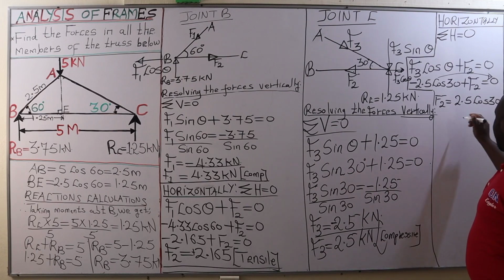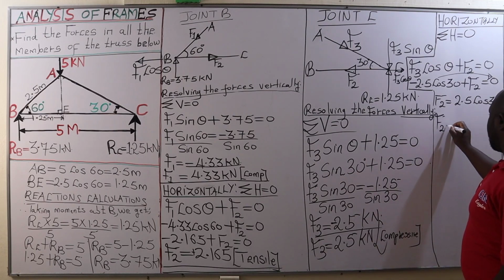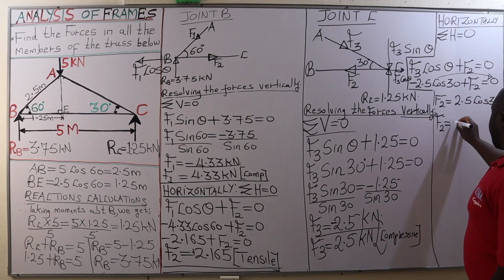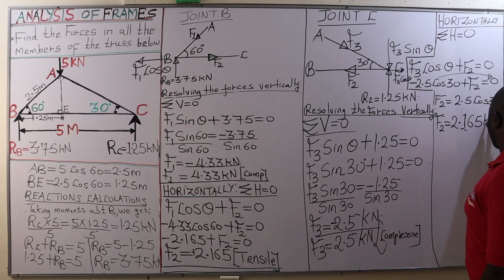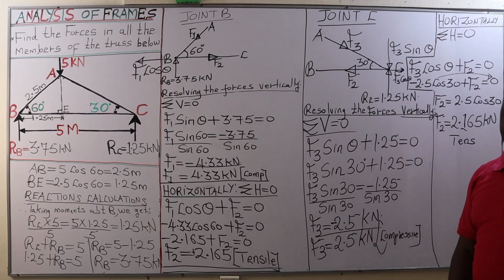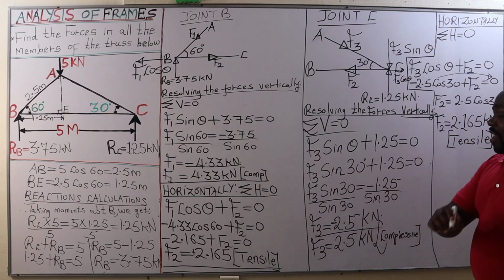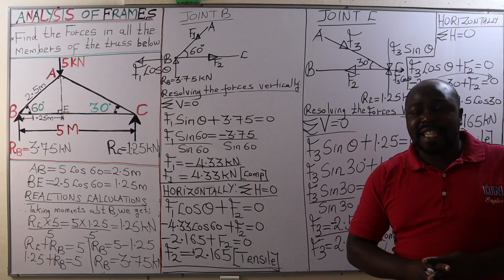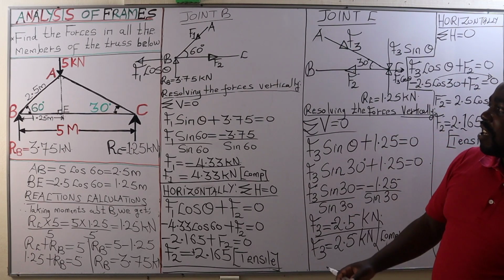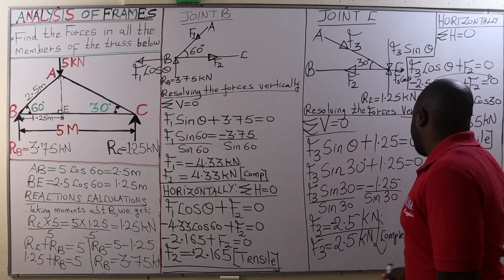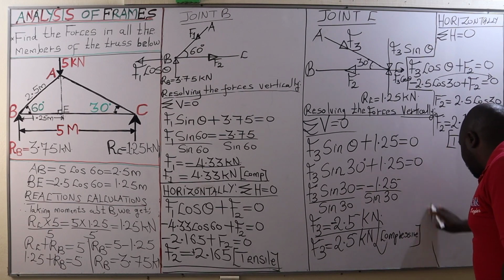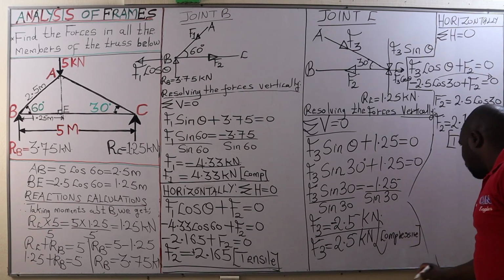And therefore 2.5 cos 30, that is going to be 2.165. Therefore we got 2.165 kilonewtons, and in this case that force, since it is positive, is going to be a tensile force, and therefore that is how we find the forces in all the members of this simple triangular truss.